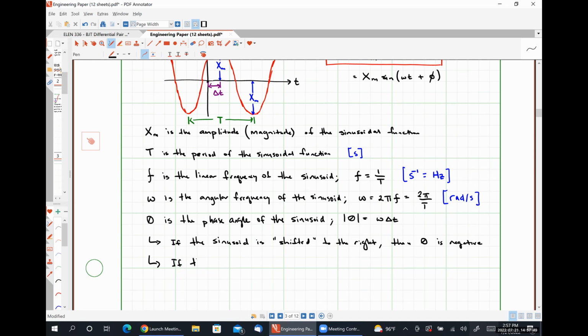Conversely, if the sinusoid is shifted to the left, then theta is positive.